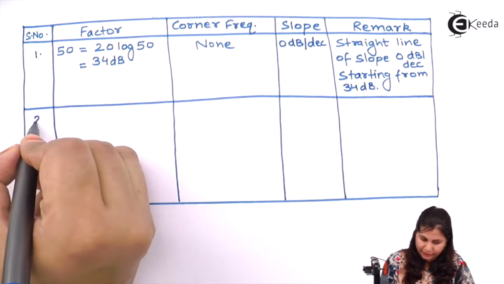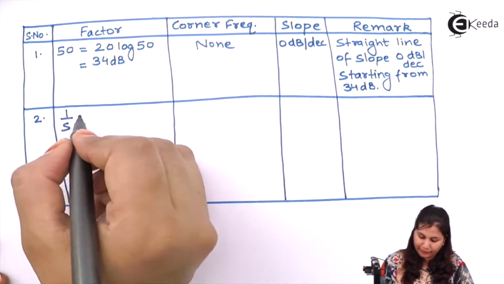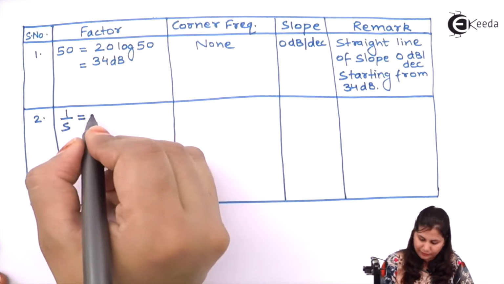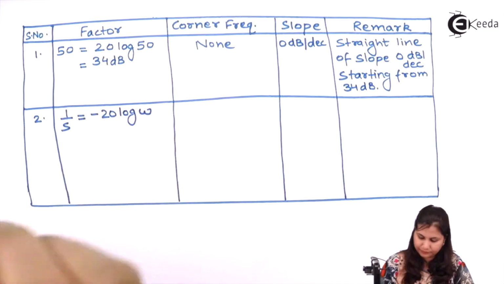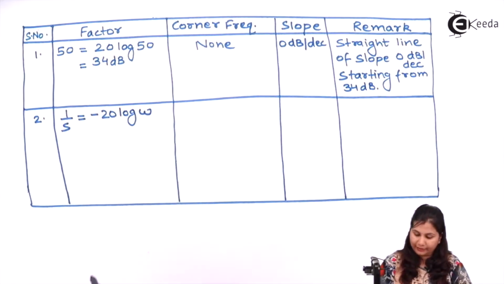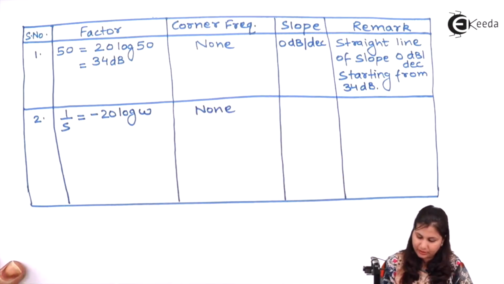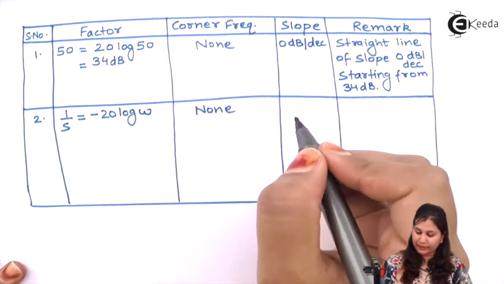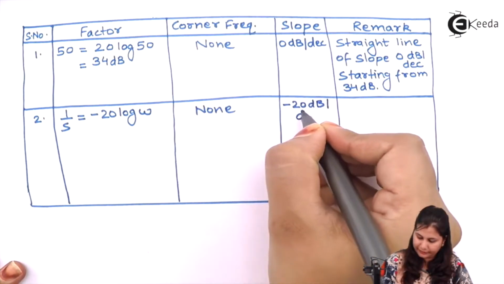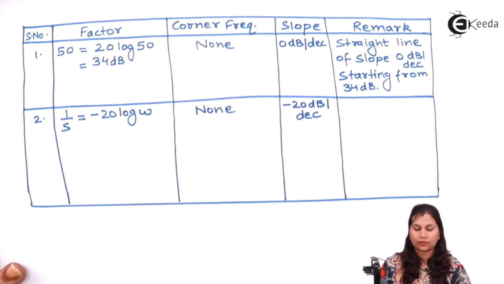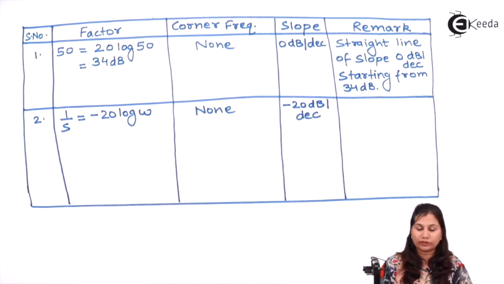Now the second factor is 1 by s, and the magnitude of this 1 by s will be minus 20 log omega. Okay, and corner frequency will be 0, no corner frequency, and the slope will be minus 20 dBs per decade. Okay, and how can we represent this 1 by s on the Bode plot?